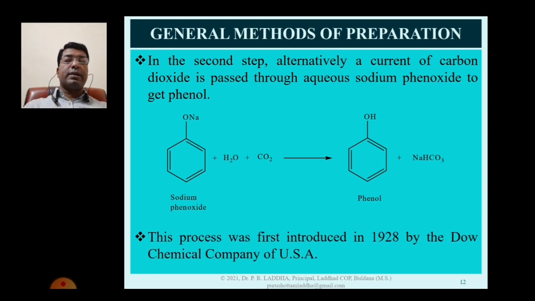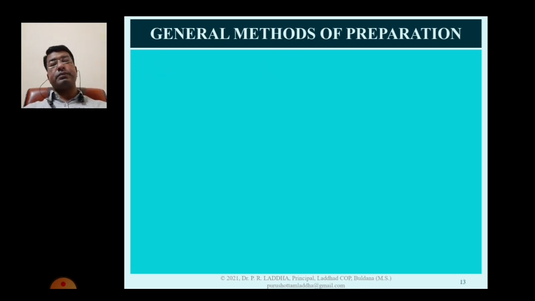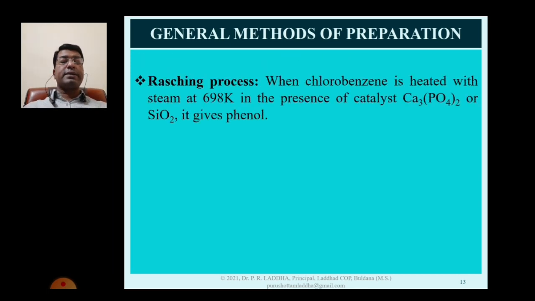This process is called the Dow process because it was developed by Dow Chemical Company of USA in 1928. Then next is the Raschig process. Raschig means heating at high temperature.